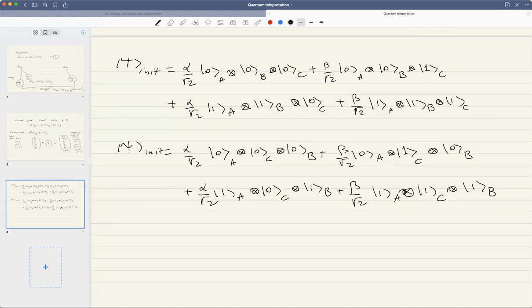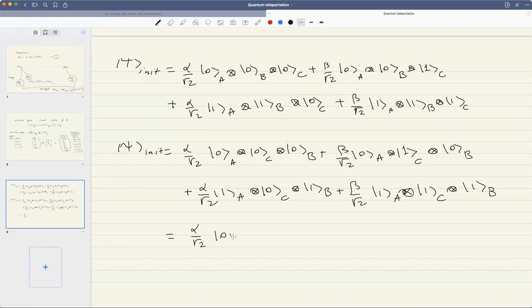Now, Alice wants to perform a measurement in the Bell basis for A and C. So let me write it again. It's identical, but I think it's going to be a little bit more useful. So I write this again as alpha over square root 2.